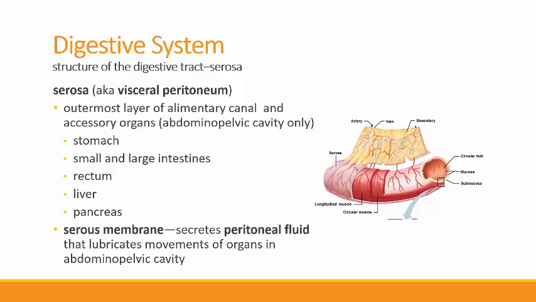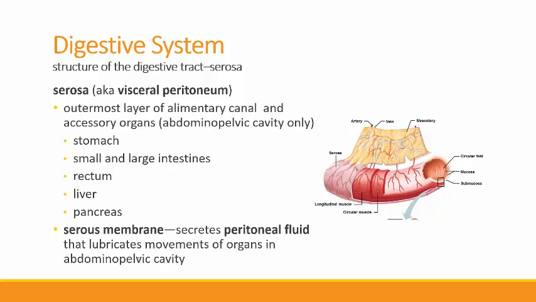And then the outermost layer, the most superficial layer, is the serosa, which is the same material as what we've talked about forever as the visceral peritoneum. So just like there are two terms for the outermost layer of the heart, there are two terms for the outermost layer of the digestive system, the serosa or the visceral peritoneum, and it is found only in the abdominopelvic cavity.